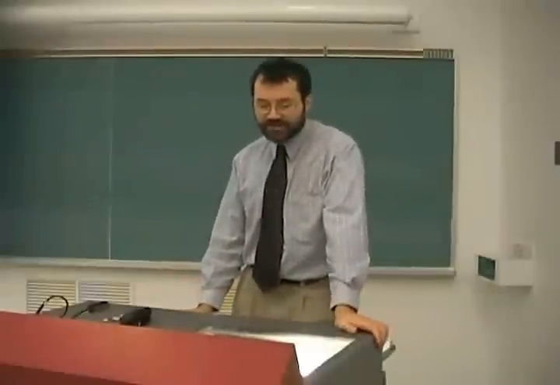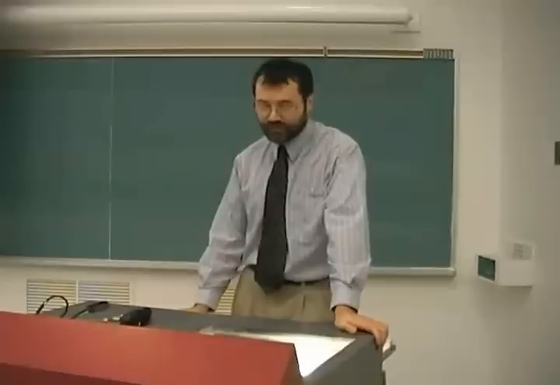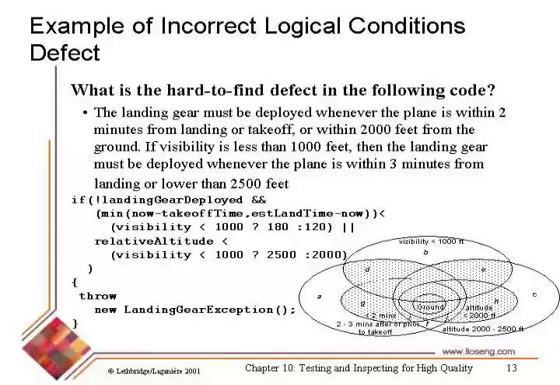It says here the landing gear must be deployed whenever a plane is within 2 minutes from landing or takeoff, or within 2,000 feet from the ground. They typically still measure altitude in feet in many cases. If visibility is less than 1,000 feet, however, so if visibility is restricted, then we're going to have more stringent requirements. The landing gear must be deployed whenever the plane is within 3 minutes from landing, or lower than 2,500 feet.